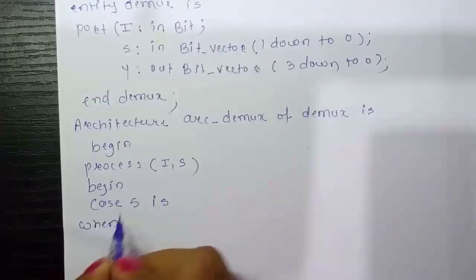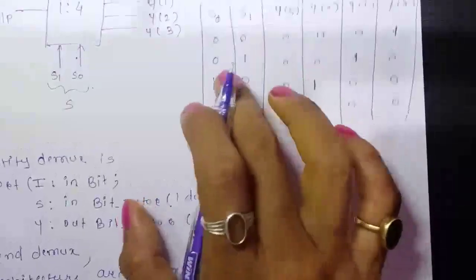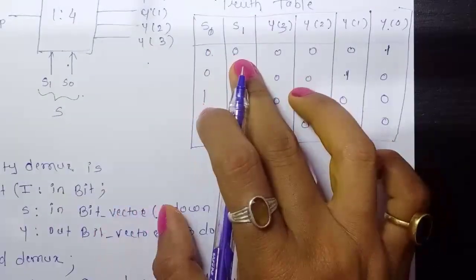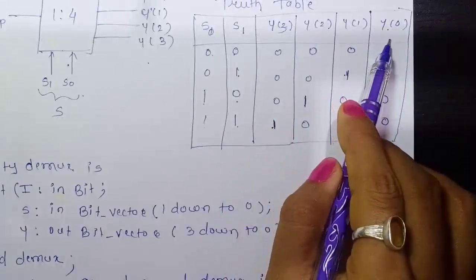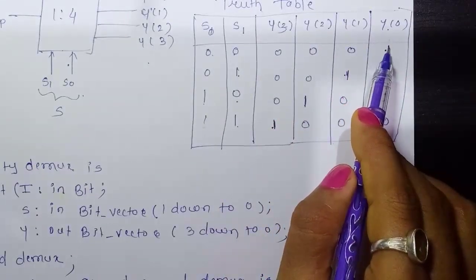So when the selection lines are 0 0, which output line is activated? Y0. Okay, that means Y0 is 1.